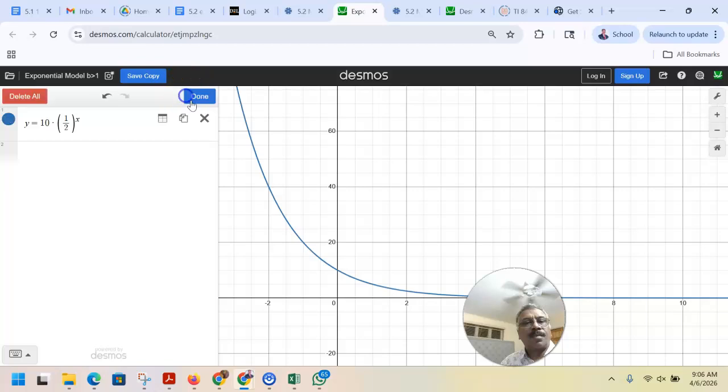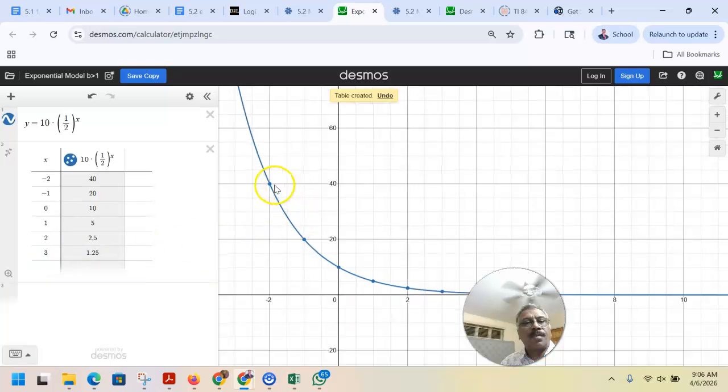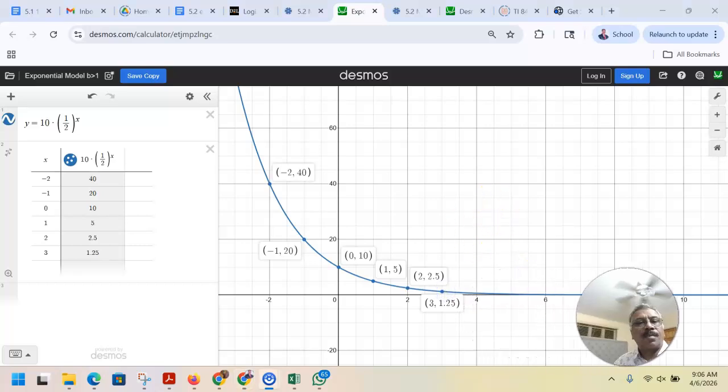If you want to know the points, we can pick some points, -2, -1, and maybe 3, and clearly see those points. Okay, let me take from here. This 0 is 10, 1 is 5, 2 is 2.5, 3 is 1, and so on.